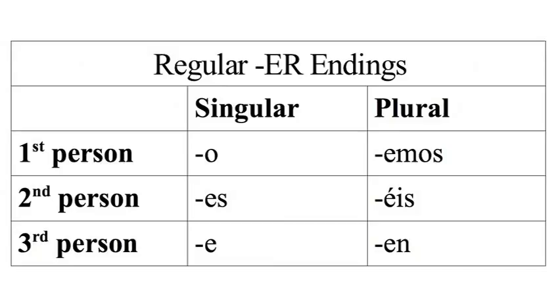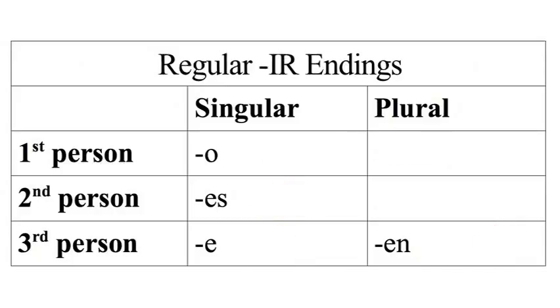Now, all you have to do is copy the yo, tú, él, ella, usted, ellos, ellas, and ustedes forms right over to the IR verb. For IR, you have o, es, let's skip nosotros and vosotros for a second, and then last you have en.